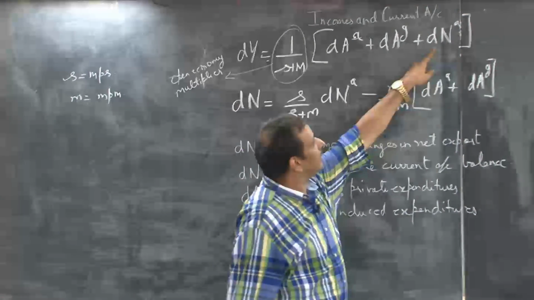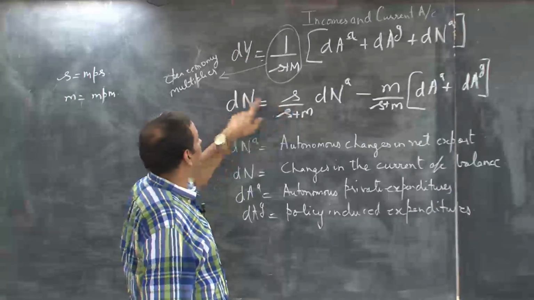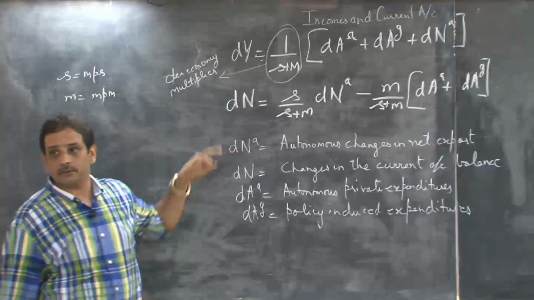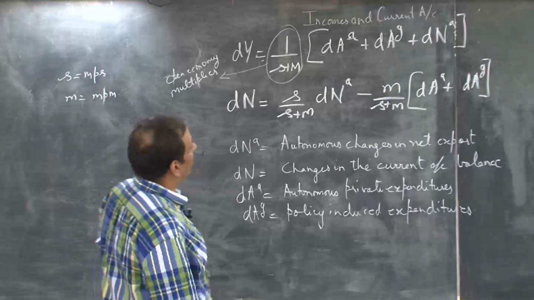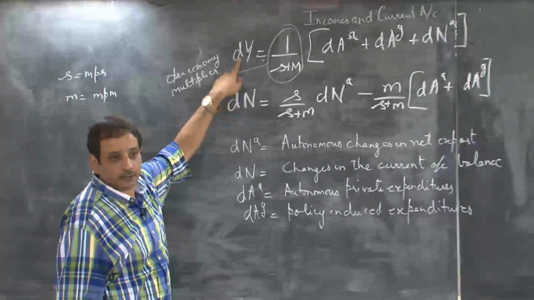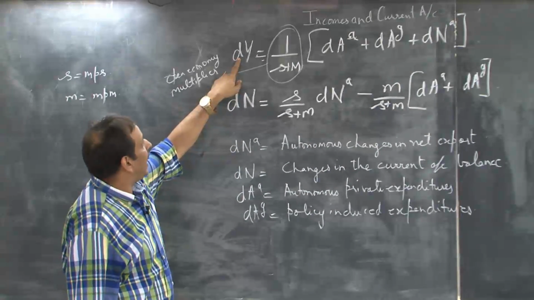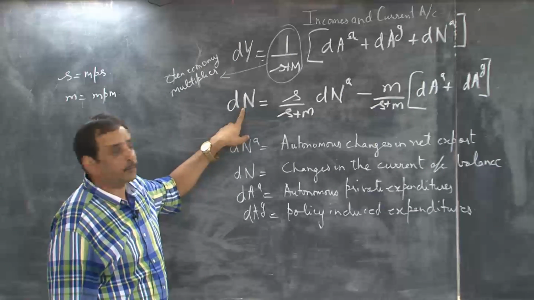So, if there is an increase in DNA, it will have an impact on the incomes, but it will also improve the current account balance. Now, you can see from here that if there is an improvement in the current account balance, it has an impact on the incomes. Okay. And we are also saying that it improves the current account balance.